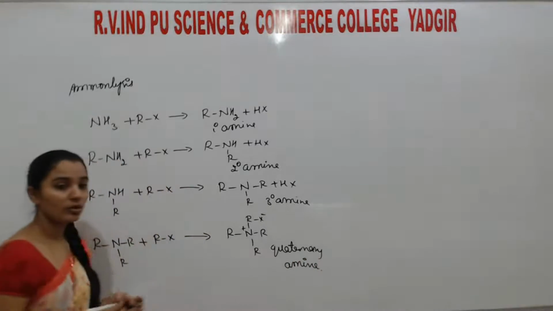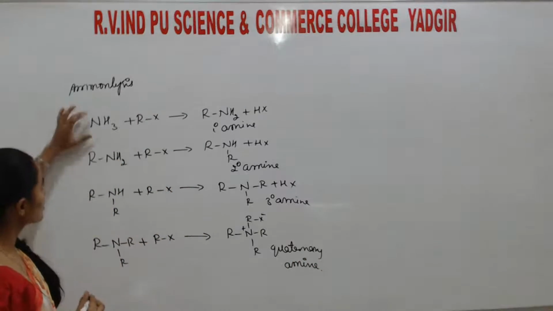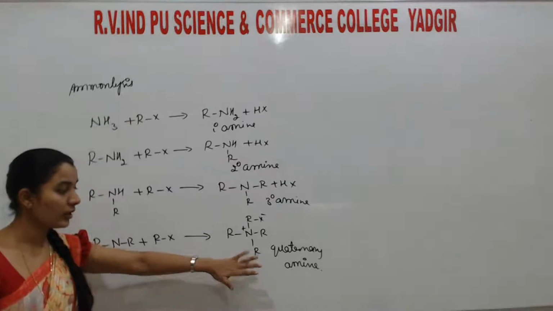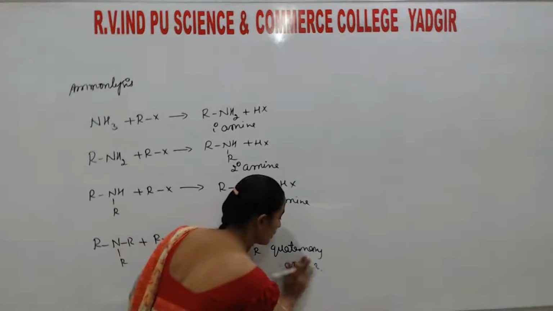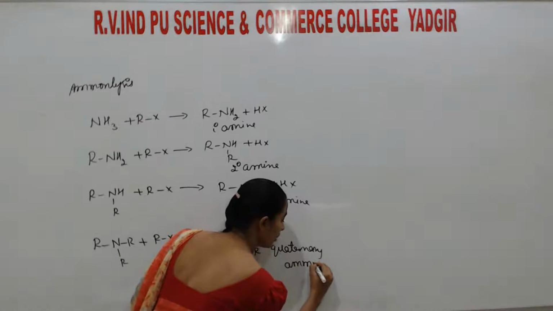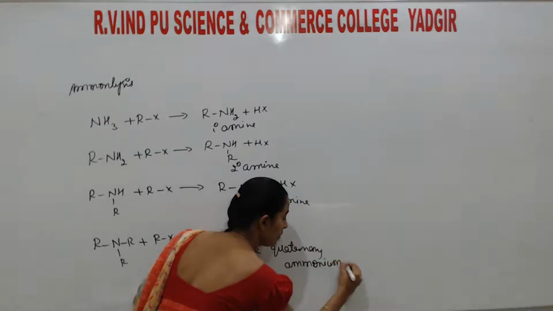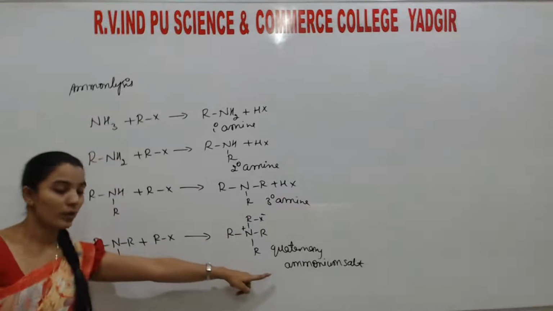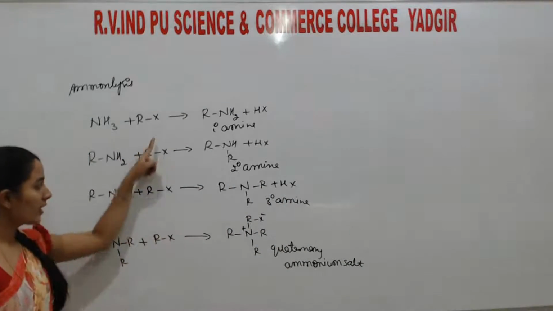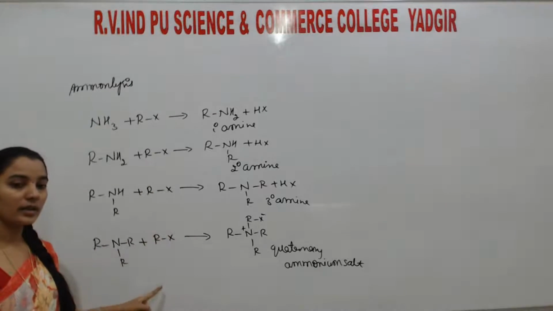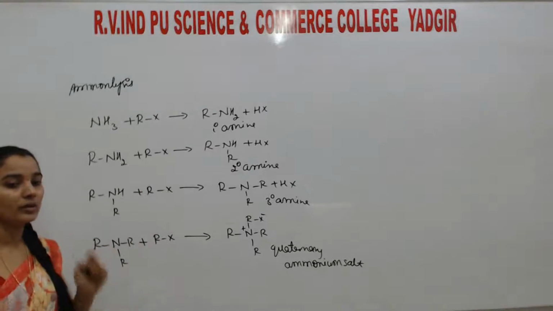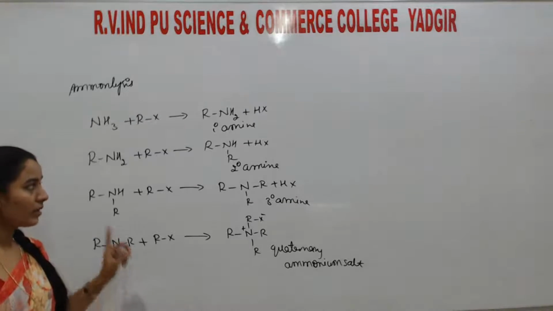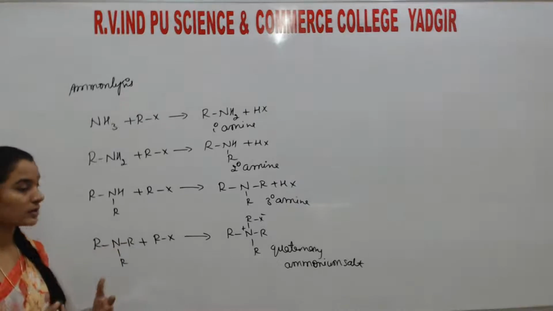What is ammonolysis? The conversion of ammonia into quaternary ammonium salt by reacting with alkyl halides is called ammonolysis. Still they won't ask this, but remember if they ask what is ammonolysis.